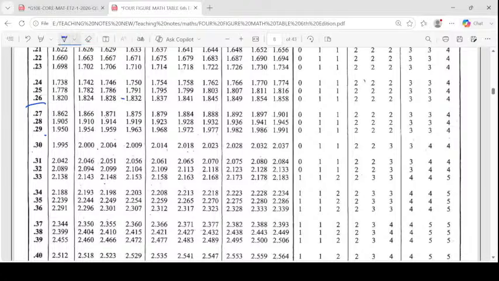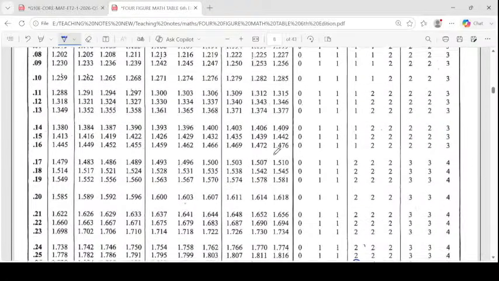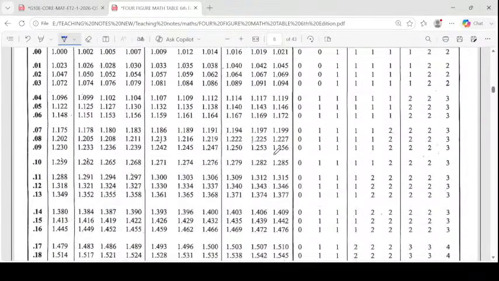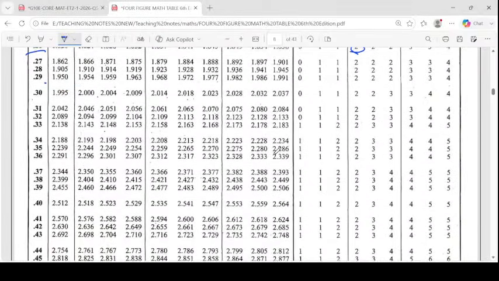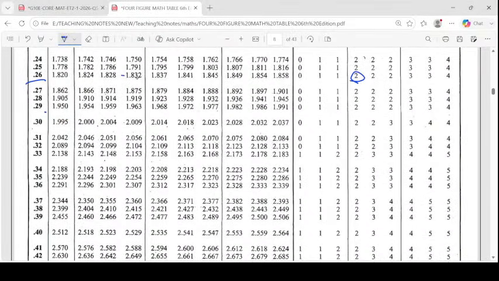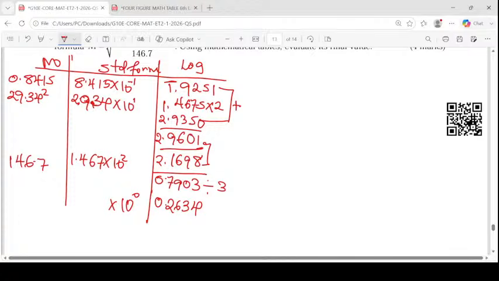Then 4, 2. What do we do to that 2? That 2 we add. Let me add these 2. So this will be 1.834, which still becomes our answer.